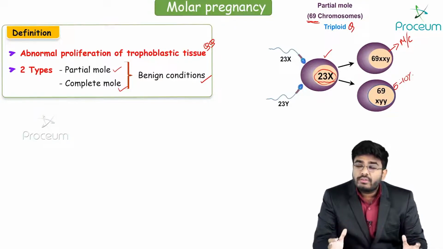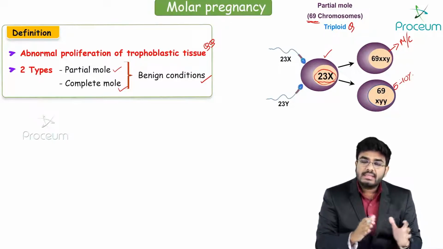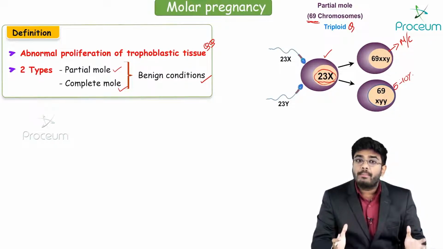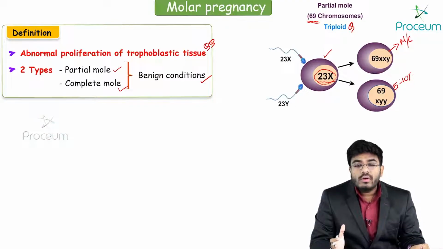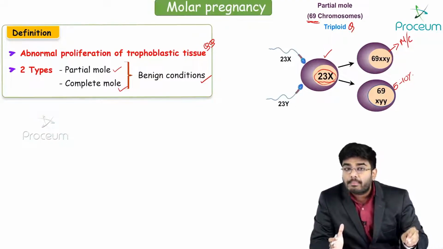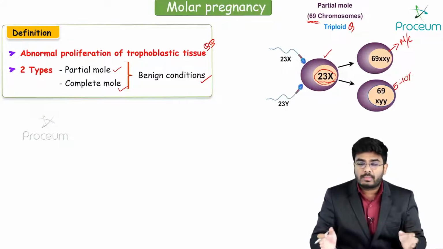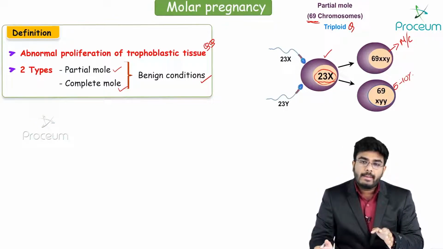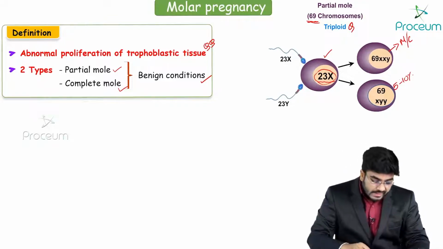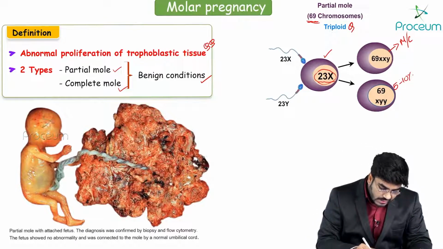Yes, trophoblastic proliferation is happening, but fetal development will also happen. So you can see the fetal tissue, though it is non-viable; absolutely the baby is going to be a dead baby. But you can see a fetus along with the abnormal trophoblast.